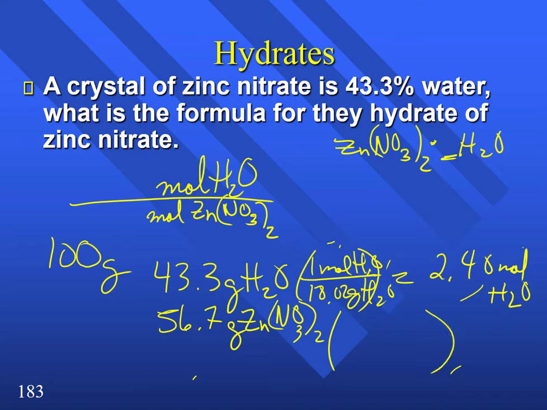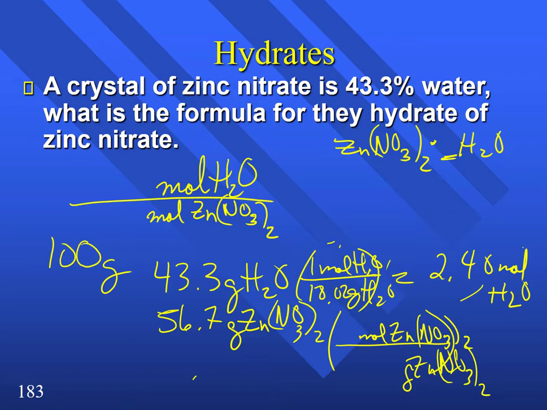And my zinc nitrate, need to get rid of grams of zinc nitrate. Change that into moles of zinc nitrate. And zinc nitrate, zinc is 65.38. 2 N's, so plus 28.02.